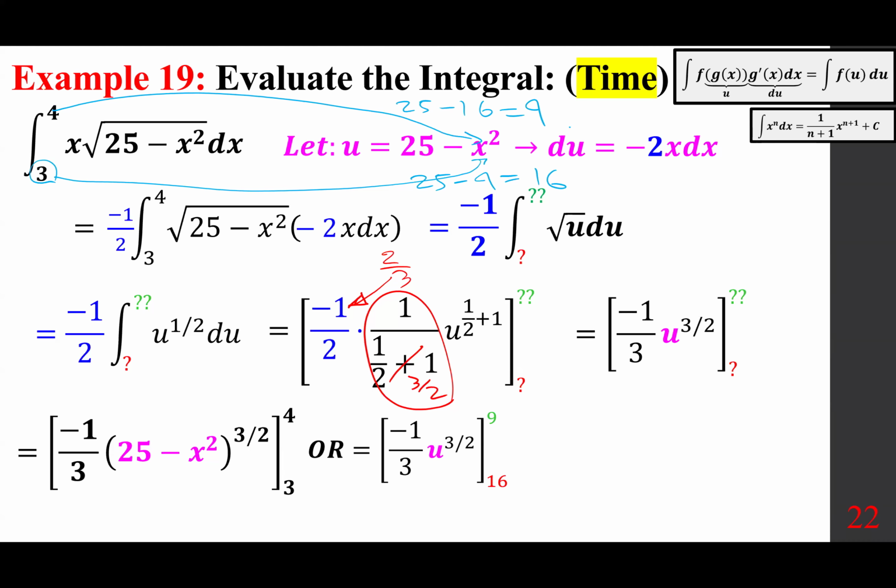And now I'm going to evaluate by taking the negative 1/3 out, okay, and then writing 9 to the power of 3/2 minus 16 to the power of 3/2.